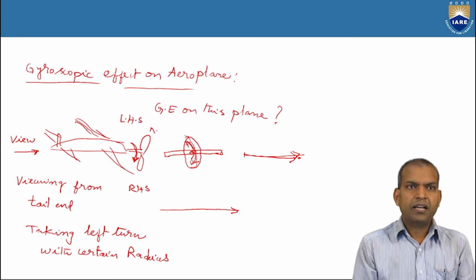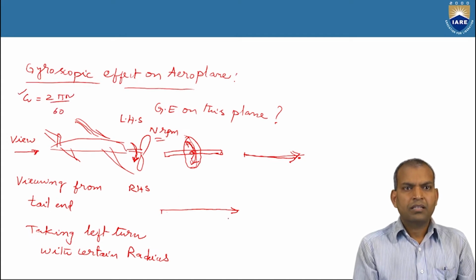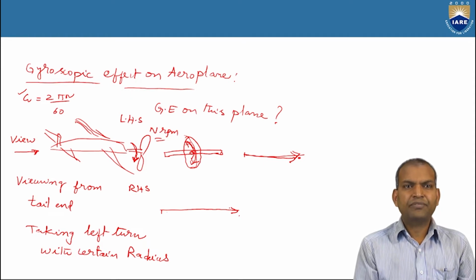It is rotating at some n rpm. That n rpm should be converted into magnitude, omega equal to 2 pi n by 60. We make it the length of the vector, the magnitude of the speed of the propeller.